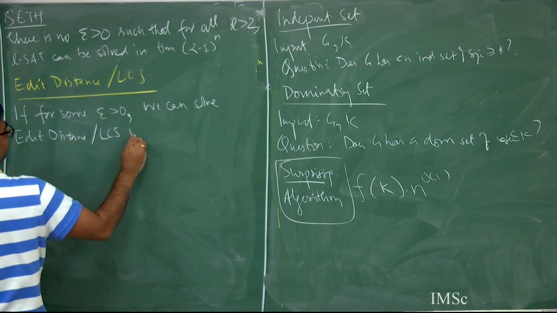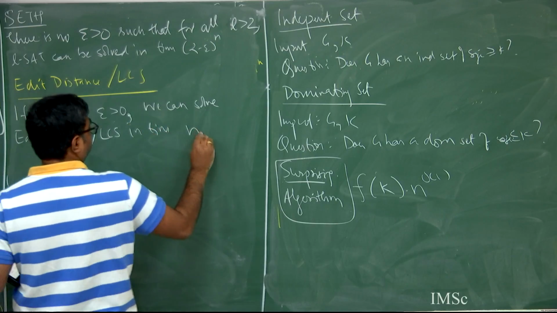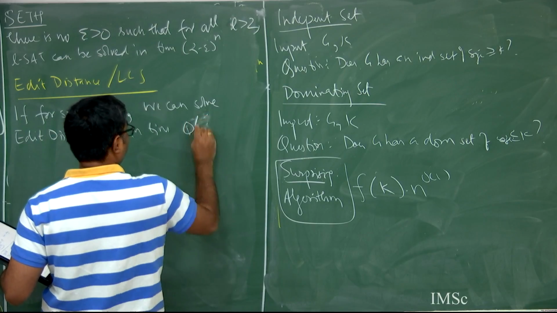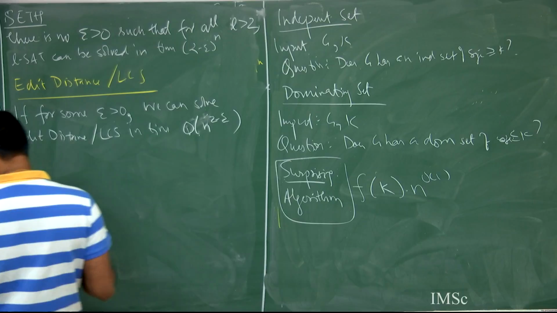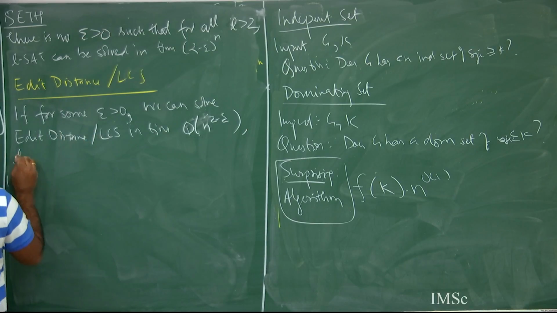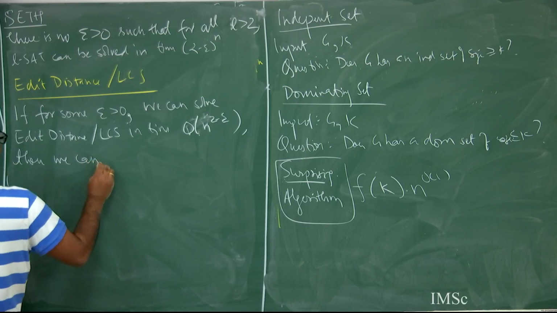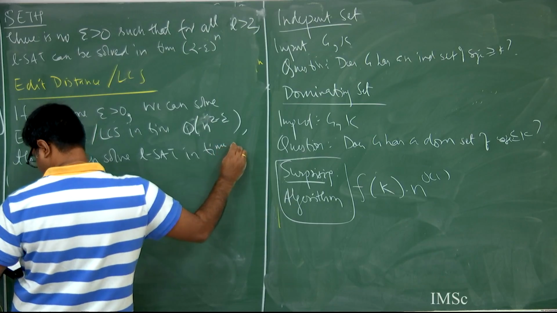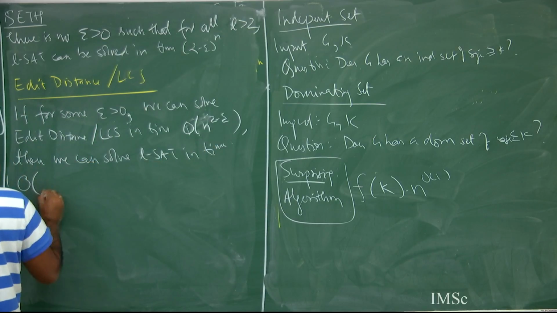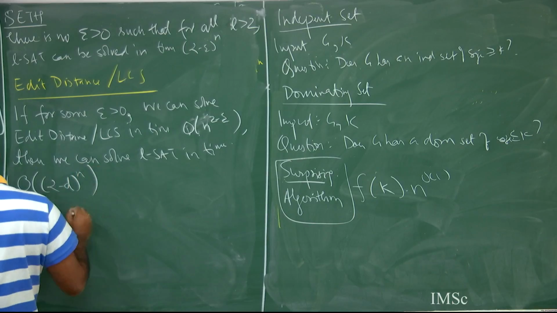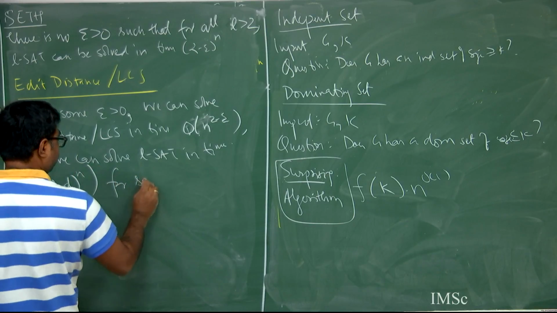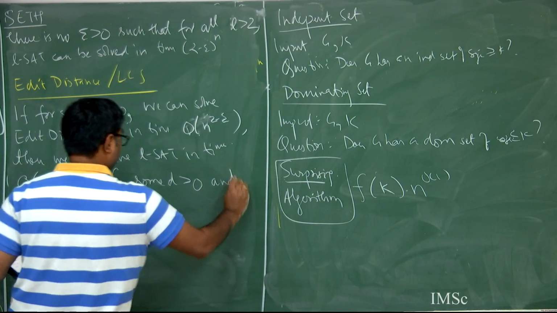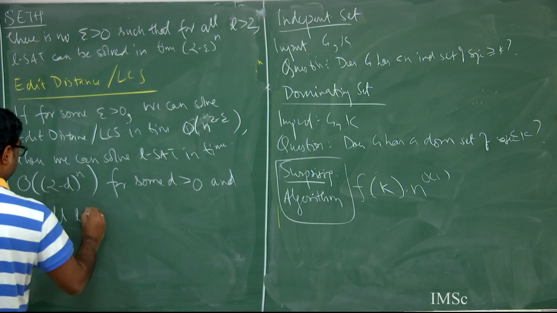we can solve edit distance or longest common subsequence in time n to the power 2 minus epsilon, we cannot say big O here, then we can solve k SAT in time 2 minus delta to the power n for some delta greater than 0 and for all k.